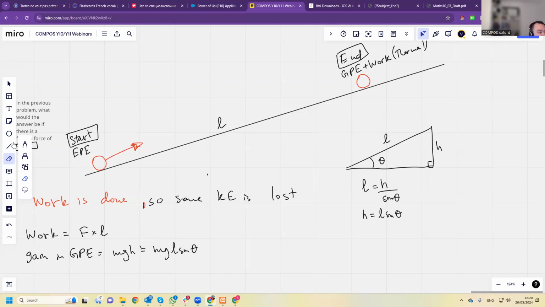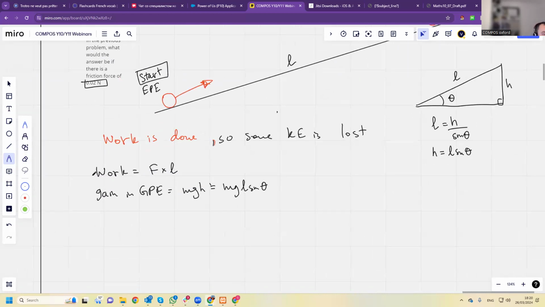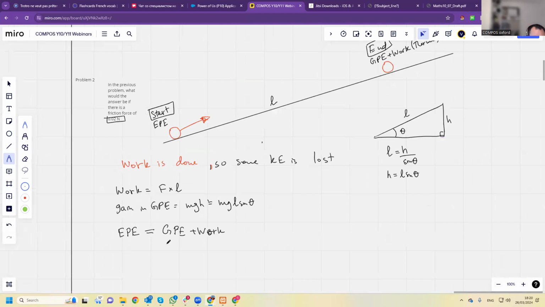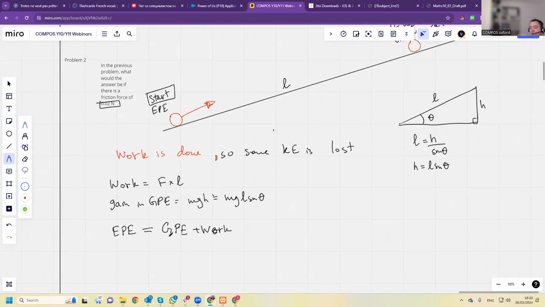Okay, so elastic potential energy is used up to increase the gravitational potential energy, plus do some work. Does that make sense? The elastic potential energy that we have at the start is used to increase the gravitational energy and also do some work on the way.